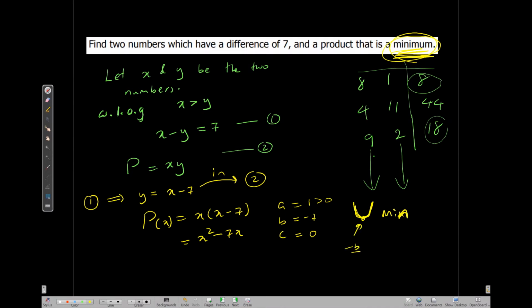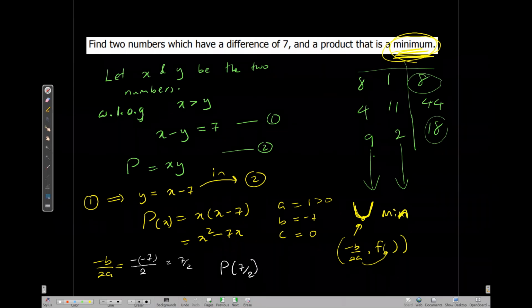Again, negative b over 2a, that is the place where the x value occurs, and the actual value is f of that one, in this case p of that one. So let's find out. So negative b over 2a equals negative negative 7 over 2 times 1, which is 7 over 2. So p of 7 over 2, that is the value we are looking for.